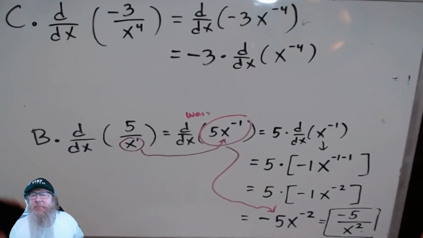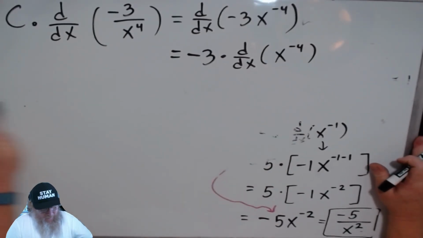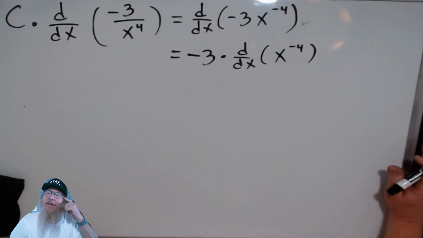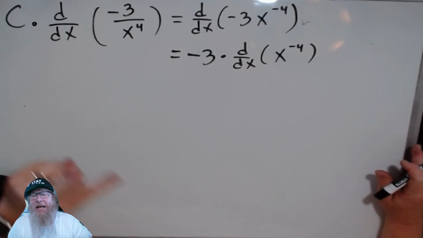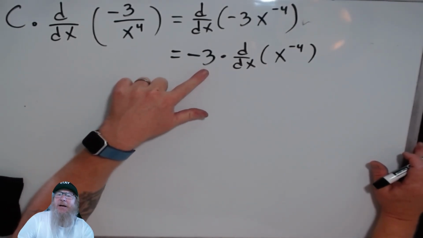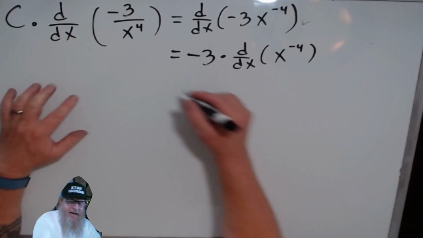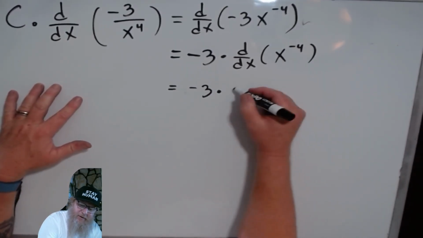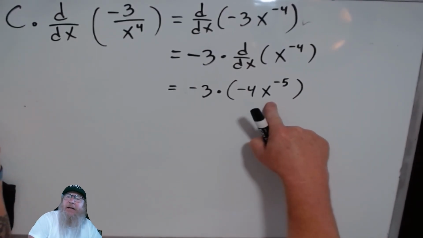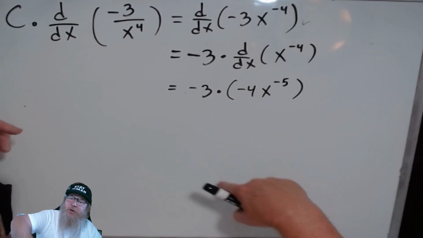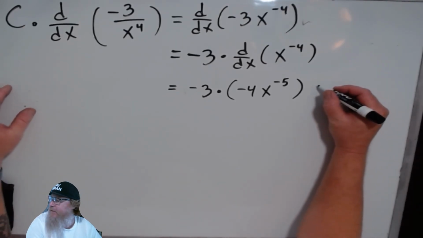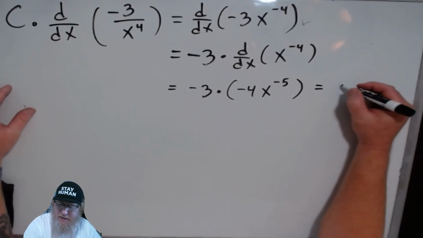So notice we only have 3 rules so far. Rule number 1 is a rule, but it's really rule number 2 and rule number 3 that we're using quite frequently. All right, so I got -3 times the derivative of that. The derivative of that will be -4x to the -5. So I'm jumping. Remember, -4 when you subtract goes down to -5, and then I'm going to multiply the result. I'm going to put the answer here because I do have room.